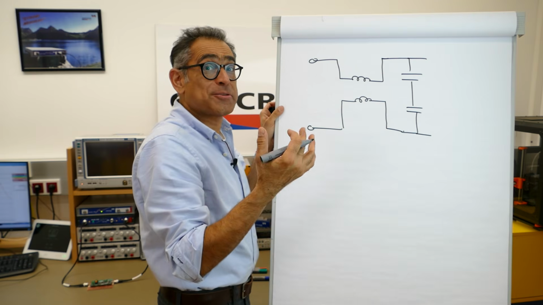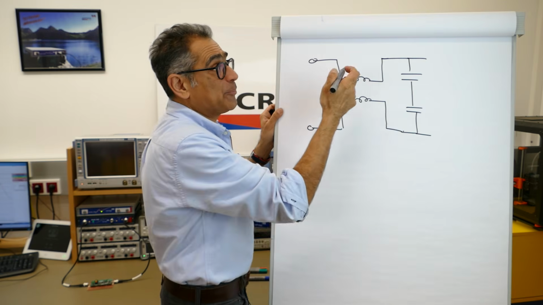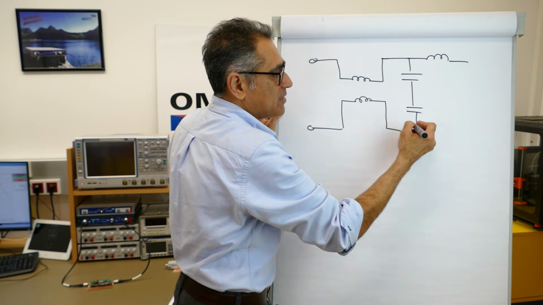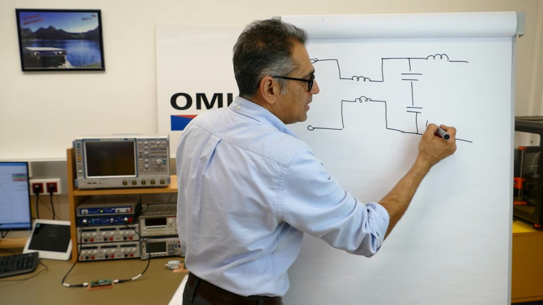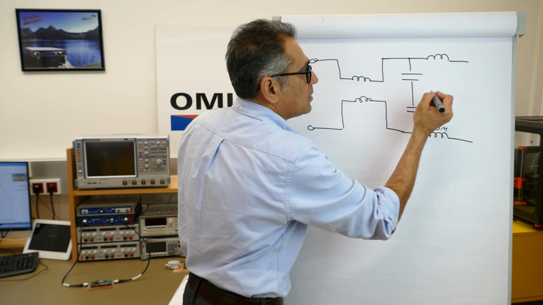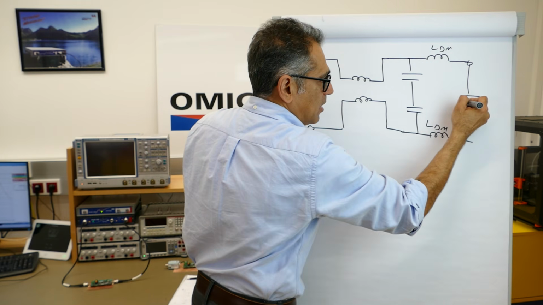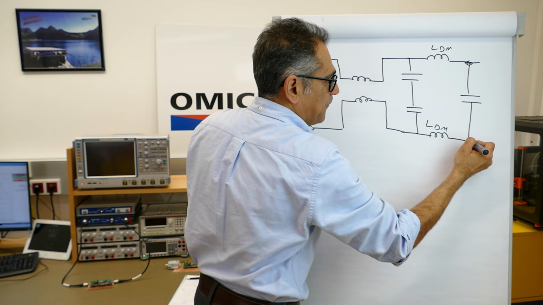We have done other videos about this, and we also run an EMC filter design workshop. But for now, I'm going to represent the leakage of this common mode choke as my differential mode inductance. Let's call this LDM and LDM. And then I have my differential mode capacitor here.